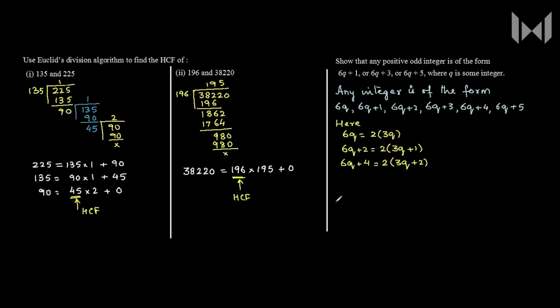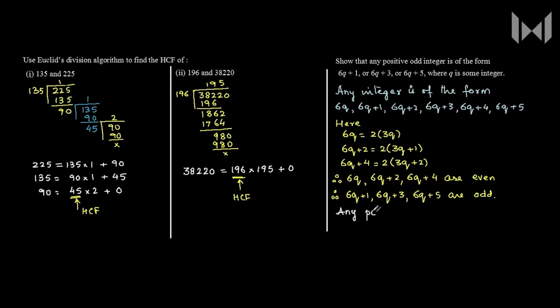Now because these three, 6q, 6q plus 2 and 6q plus 4, are all multiples of 2, they are even, and therefore 6q plus 1, 6q plus 3 and 6q plus 5 are odd, and therefore we can say any positive odd integer is of the form 6q plus 1, 6q plus 3 or 6q plus 5.